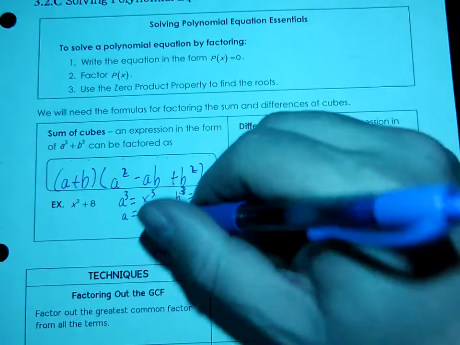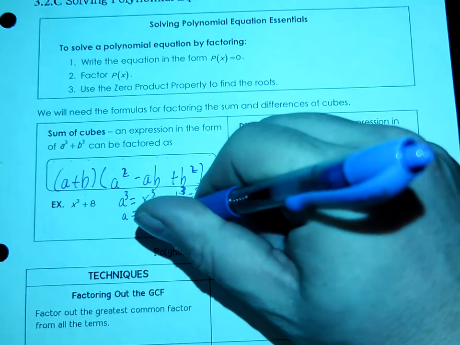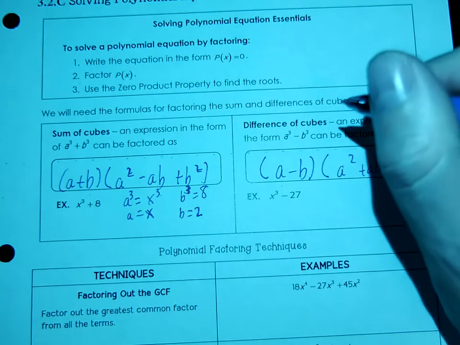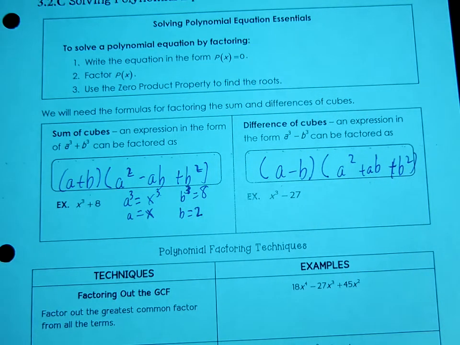2. Now how can I find that using a calculator? Or how can I find that with logic? Well, what you're going to do is think about, what is 2 times 2 times 2? 2 times 2 is 4, times 2 is 8. The cube root of 8 is 2.